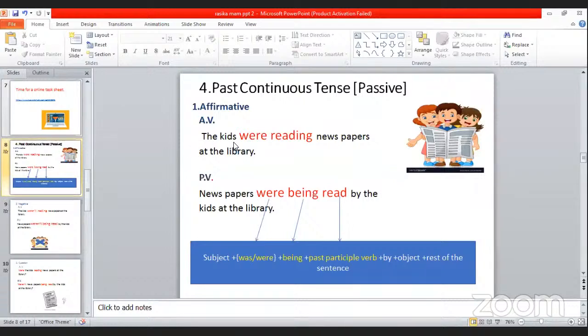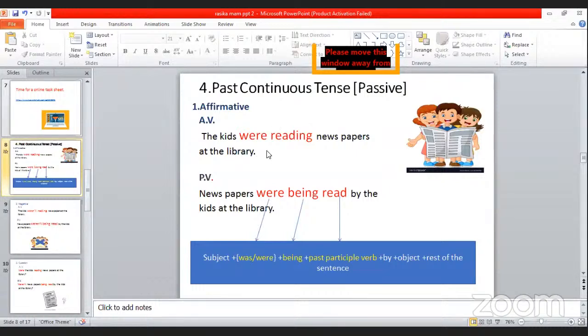The kids is the subject, and were reading is the verb. Newspapers is the object. At the library is the rest of the sentence.